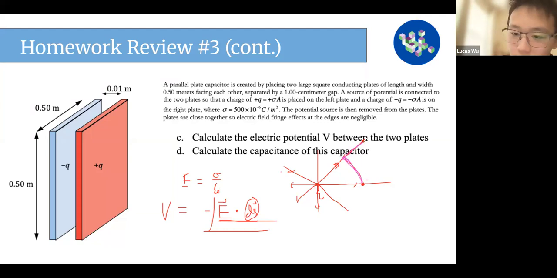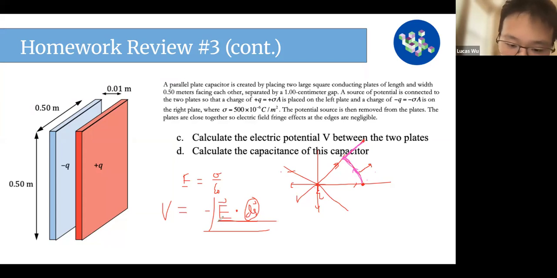On this path, my infinitesimal length segment will be pointing along the direction of the path, maybe in that direction. But my electric field, which I'll draw in red, would point in this direction.